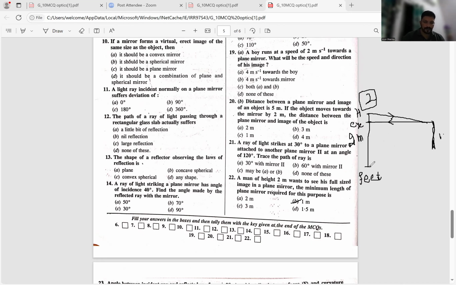So again the incident ray travels from here, and a reflected light reaches the person in the retina. That's why the length of the plane mirror is 1 meter.